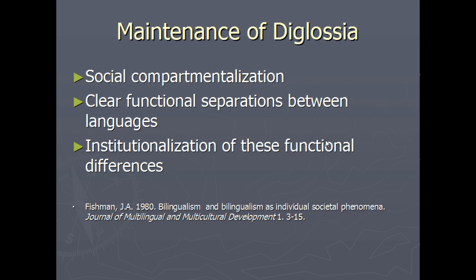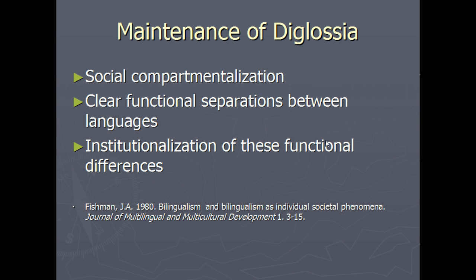It is also Fishman's opinion that diglossia is a necessary condition for language maintenance, especially by minority language communities. There must be clear functional separation of the languages, and the institutionalization of these functional differences contribute to stable social compartmentalization, which in turn guarantees a stable type of societal bilingualism.